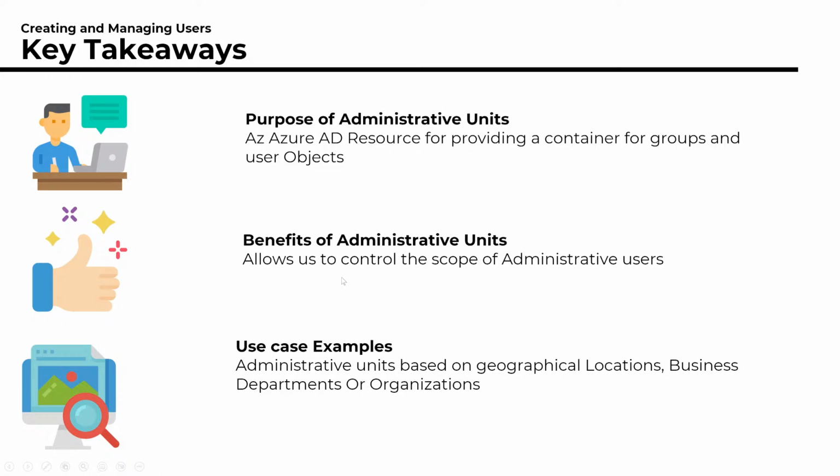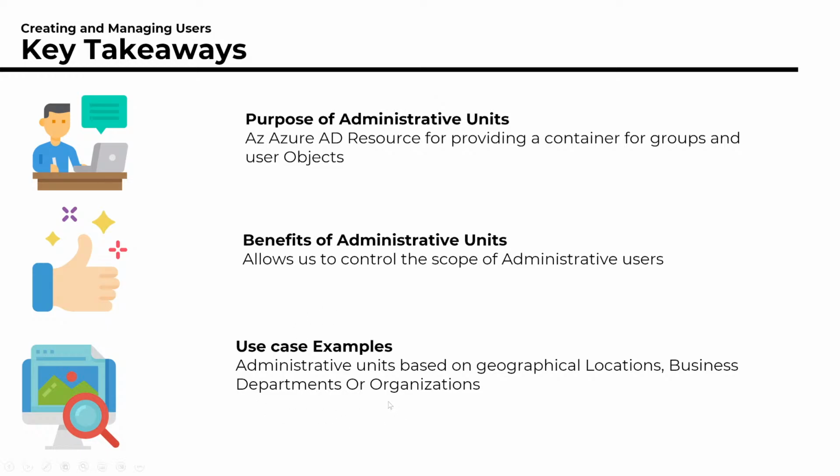So admin users will be assigned only at the group level or only at the user level for managing the access, where we are controlling the scope. We are not allowing the admins to manage the users or the groups across the domain. We are restricting the admins to a specific set of groups or specific set of users.